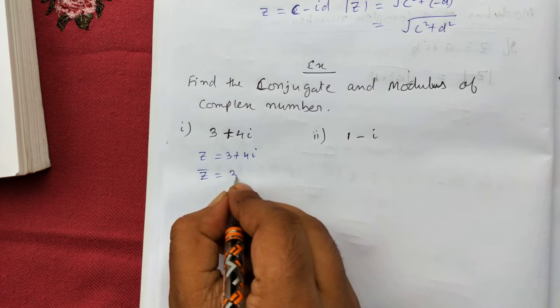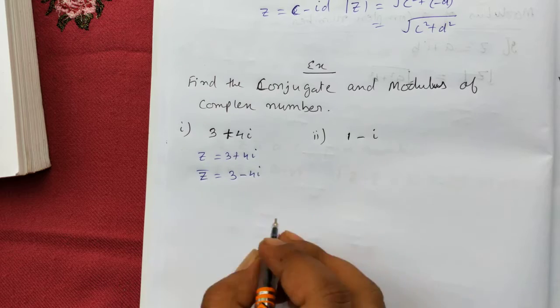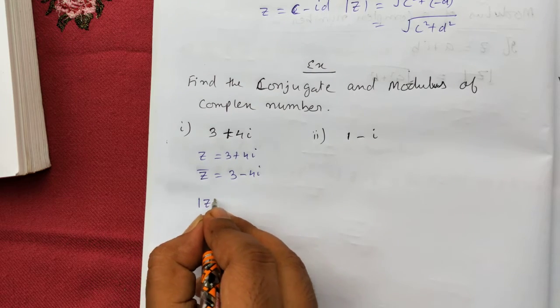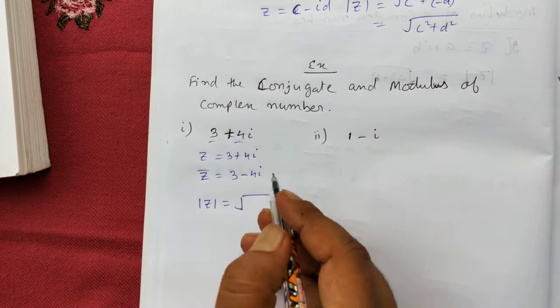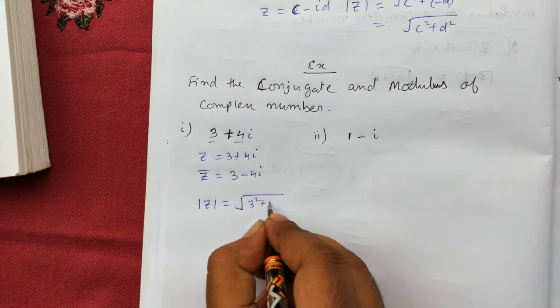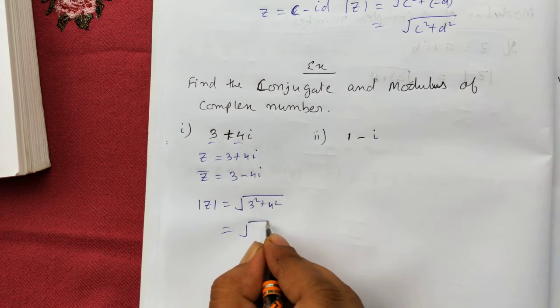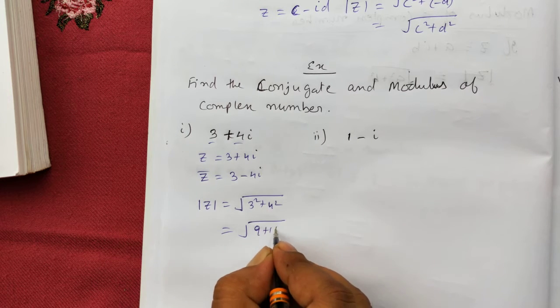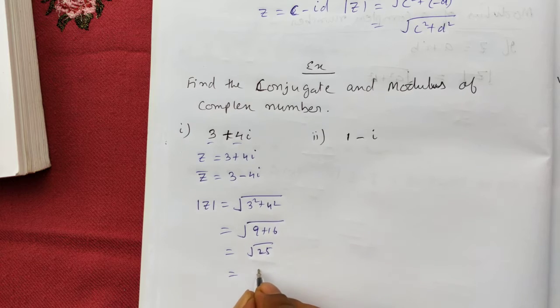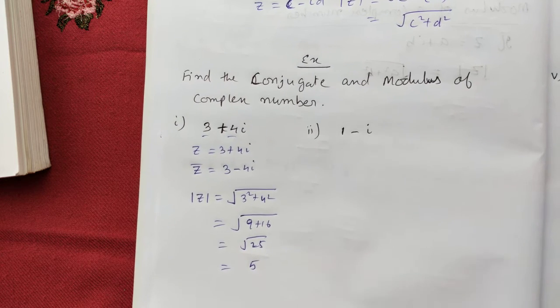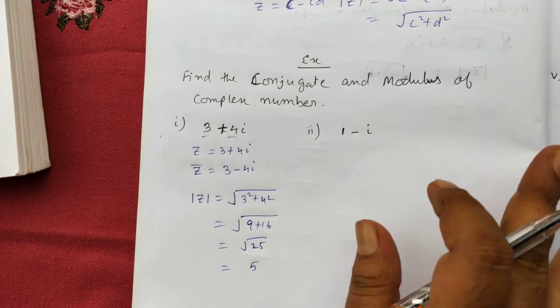The conjugate will be 3 minus 4i. And how to find the modulus? Root over a square plus b square: 3 square plus 4 square gives 9 plus 16, that is root 25, which is equal to 5. So we got the conjugate and the modulus.